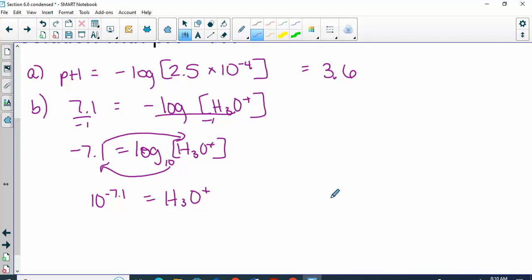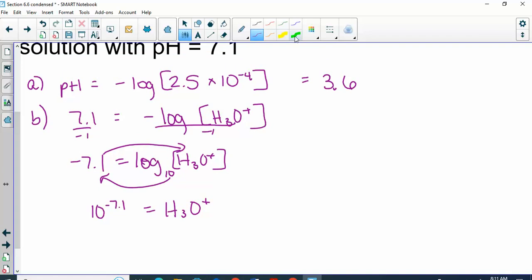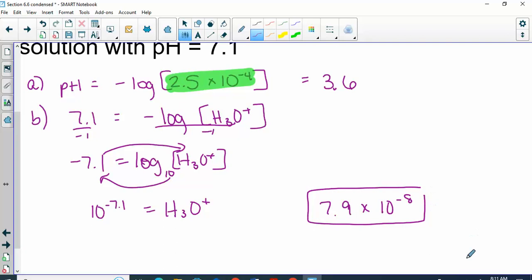And so we get 10 to the negative 7.1 power. Notice, these look weird. You have a really long decimal at the end. It says like e to the negative 8. Keep in mind this first one, when it gave us scientific notation like this. So we would say 7.9 times e to the negative 8 just means 10 to the negative 8 power. So that's our hydronium ion concentration.